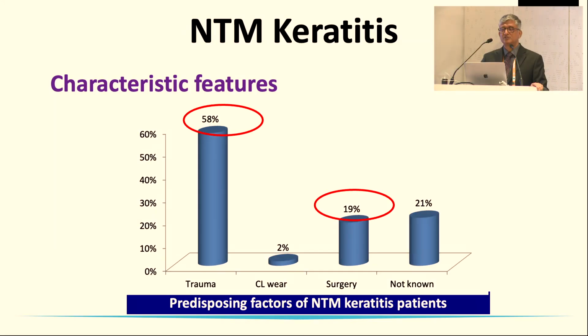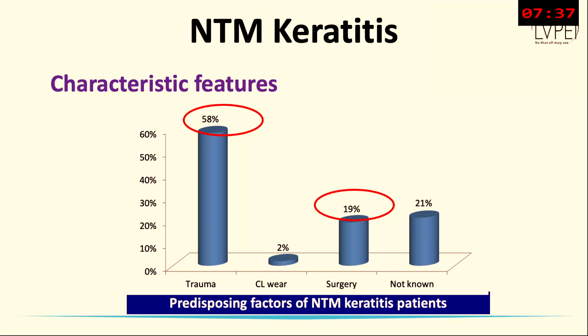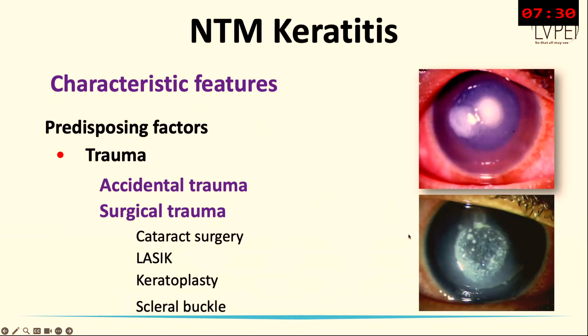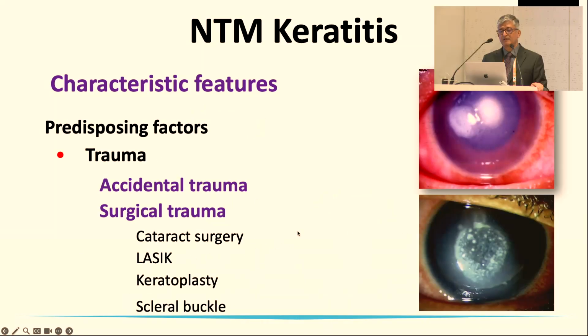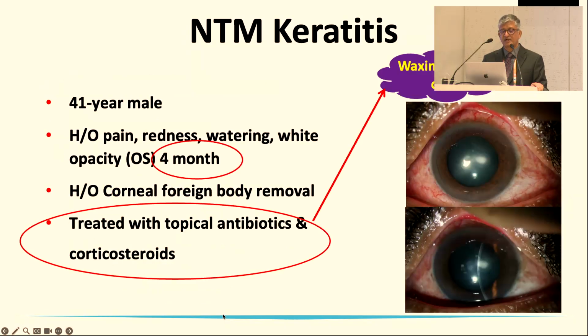Number 2, trauma was the most important predisposing factor, whether it be surgical trauma, which is post-keratoplasty, post-scleral buckle, or post-foreign body removal, or even metallic foreign bodies. In addition, among the surgical procedures, we found that atypical mycobacteria was seen following cataract surgery, LASIK, keratoplasty, and scleral buckle infection.